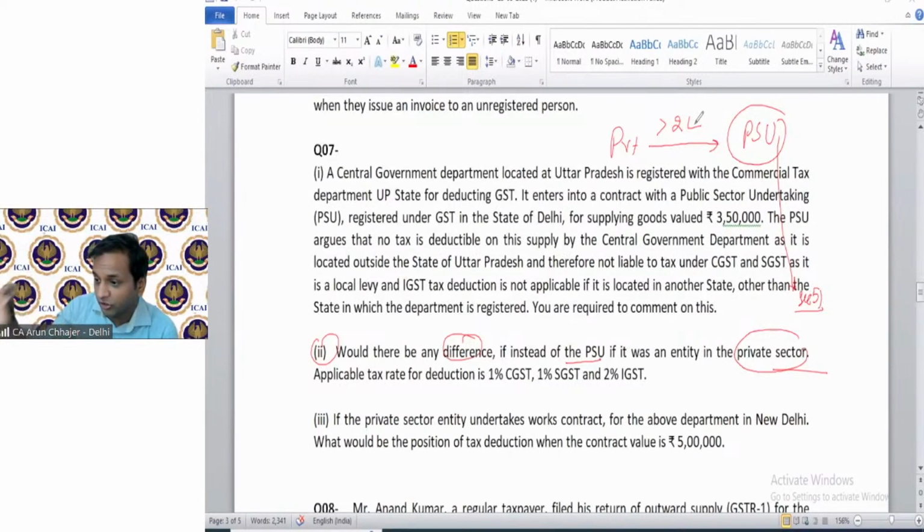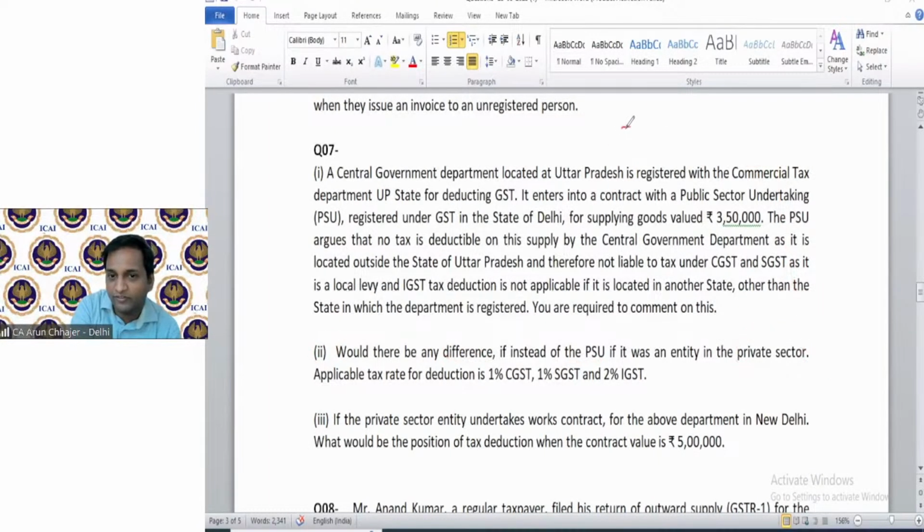Sorry. Pranav, you are correct. I'm so sorry. It is more than 2.5. Section 51 applies if the amount is exceeding 2.5 lakhs.